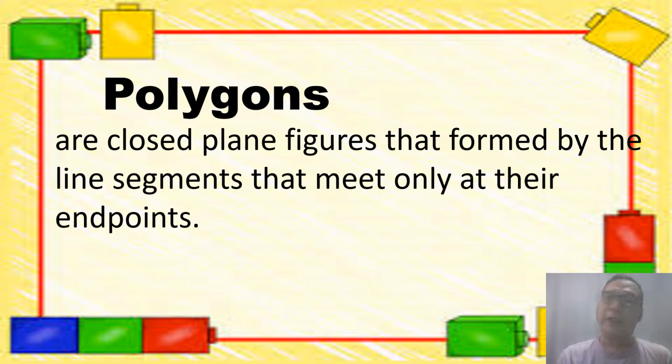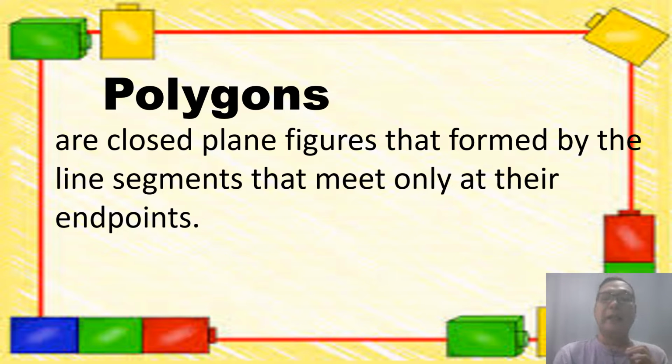So as you notice, in the picture earlier, we have different polygons. The picture is composed of lines and semicircles. When lines are connected to each other to form a closed plane figure, the figure formed by the lines is called a polygon.